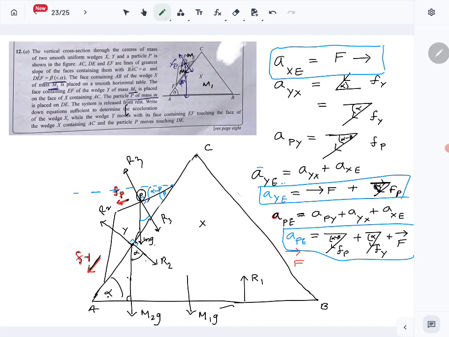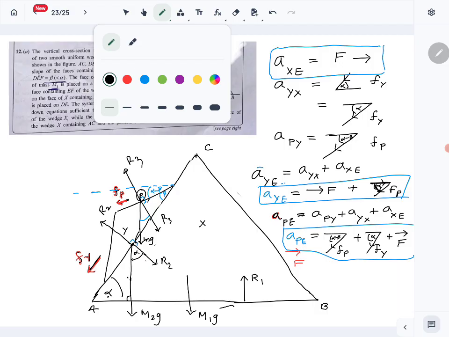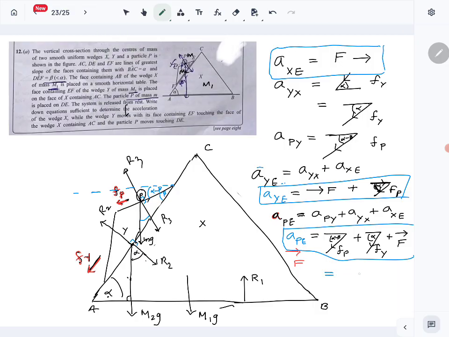The particle has three components now, so we have to look at them. So let me mark all of them together. F, then the big angle is alpha. So that is Fy, and the small angle is alpha minus beta, and this big angle is alpha.